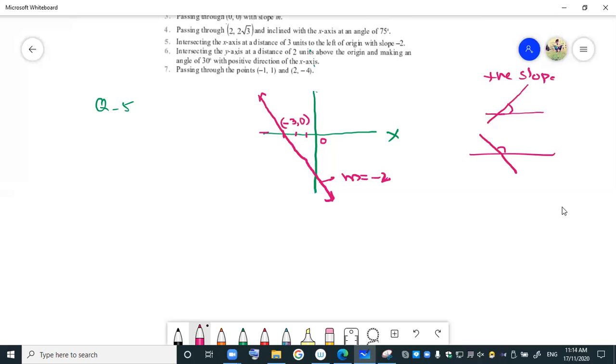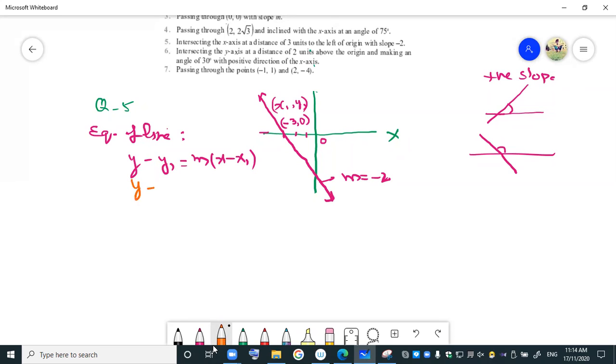So again we got the condition x1, y1 and m given. So the equation of line will be y minus y1 is m times x minus x1.